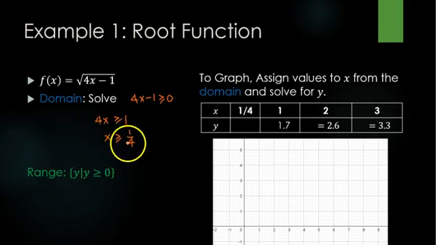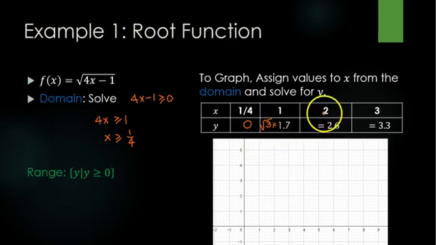So that means if we have our x at 1/4, when we substitute this, we get y equal to 0. When we substitute 1, since x can only be greater than 1/4, that would be square root of 3, which is estimated at 1.7.